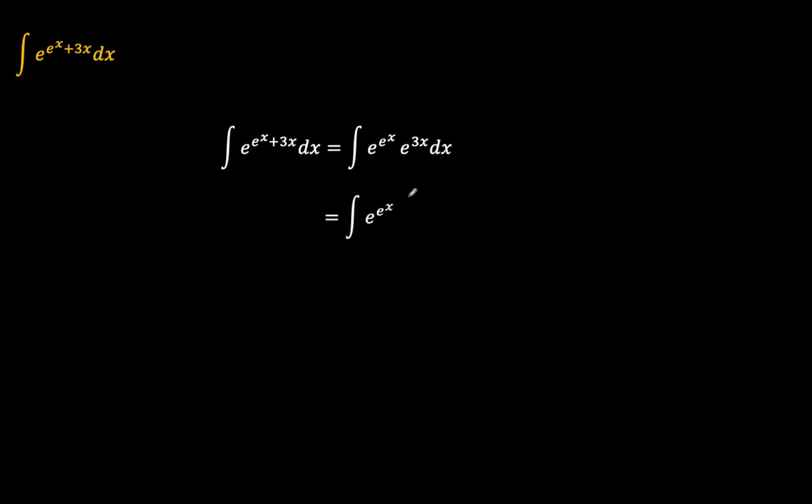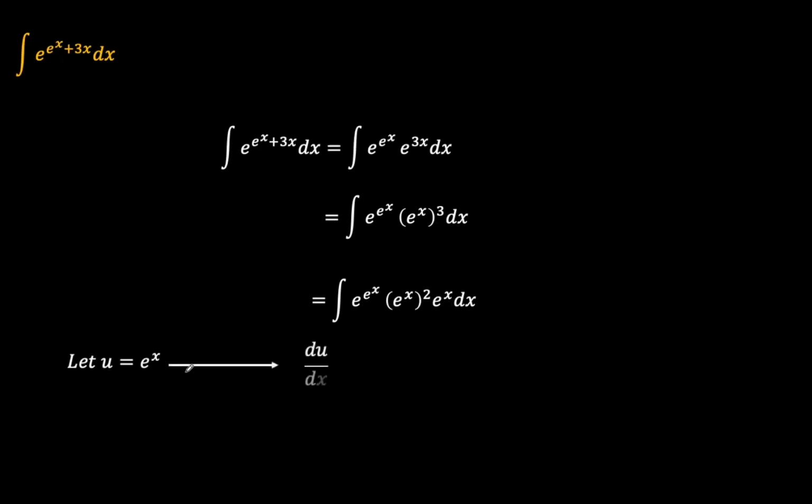And then e to the power 3x is the same as e to the power x, to the power 3. We could distribute e to the power 3x a little bit differently. So it's the same as e to the power x, to the power 2, times e to the power x. And if we let u be equal to e to the power x, that means that du/dx is the same as e to the power x.